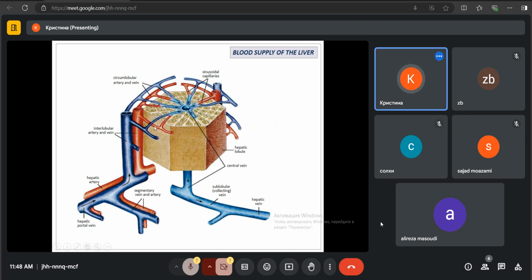And from these circumlobular vein and circumlobular artery, the blood then goes to the sinusoidal capillary and flows from the periphery to the center, to the central vein. And here in sinusoidal capillaries, the blood becomes first mixed, because every sinusoidal capillary receives blood from both vein and artery.